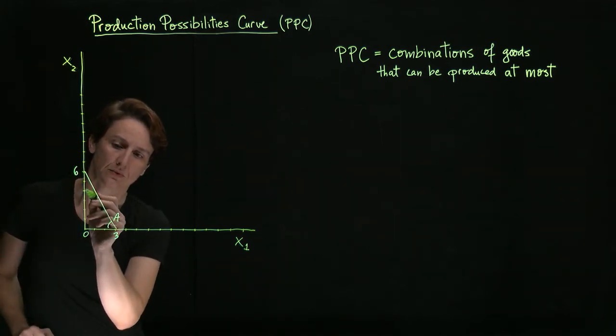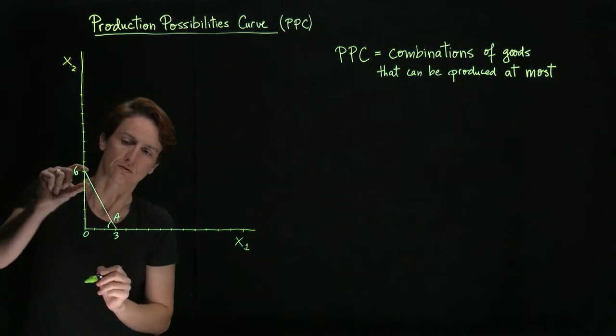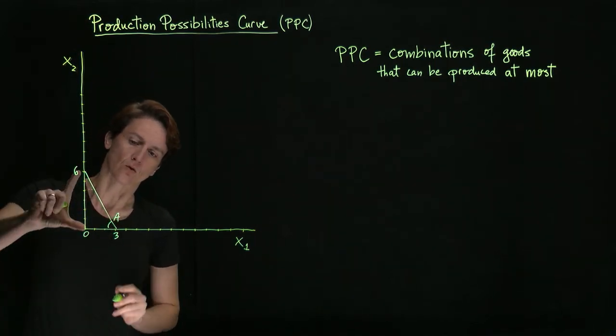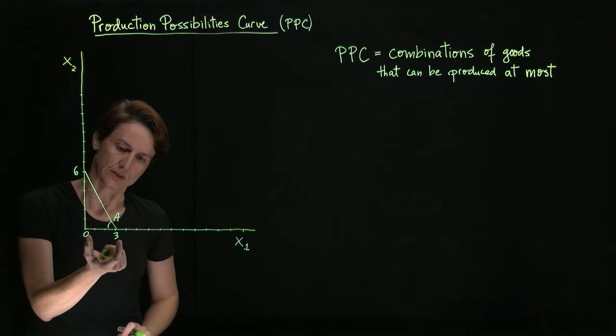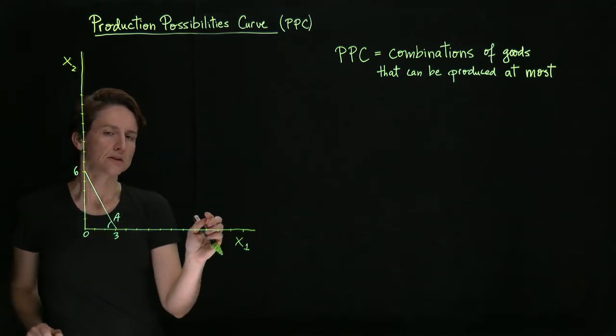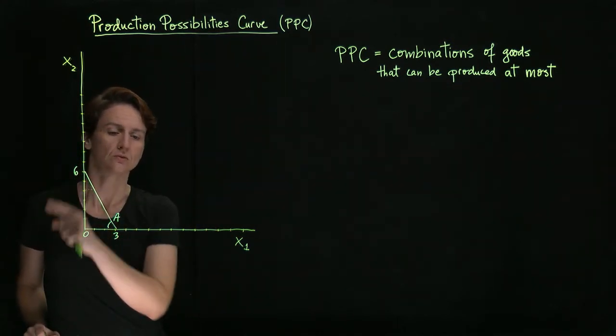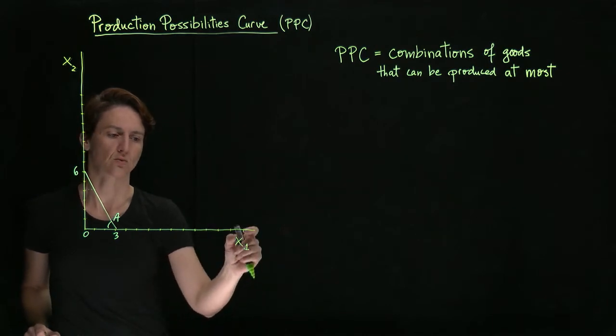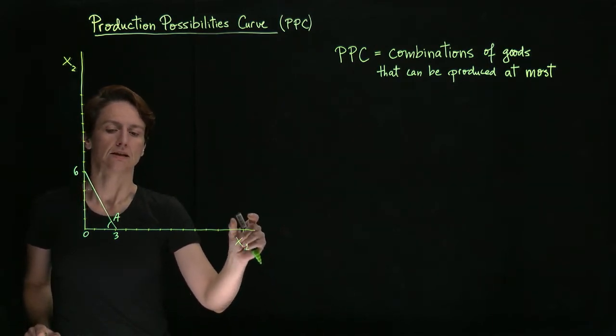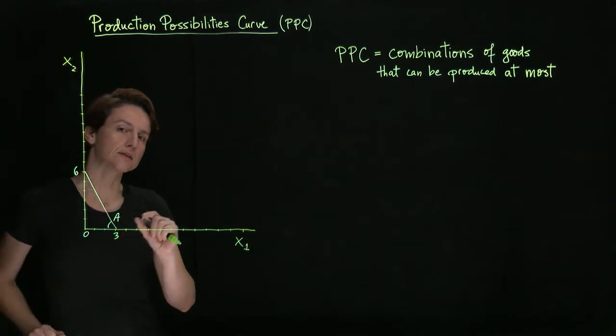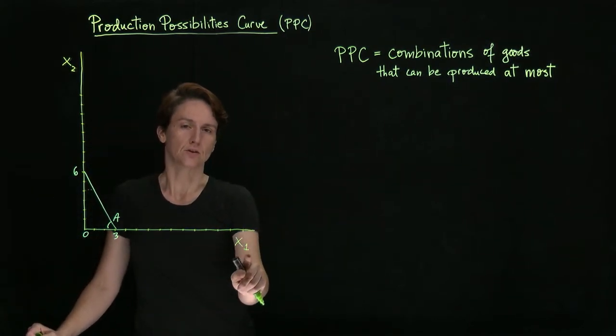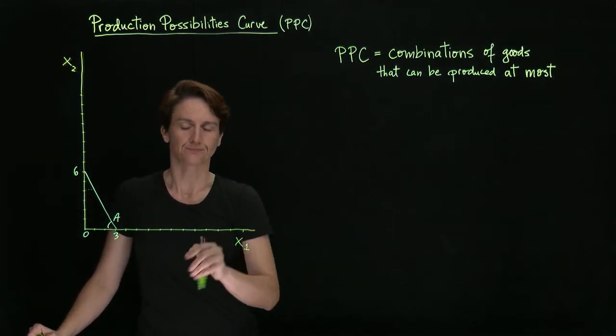So the slope, the rise over the run, is how many units of good 2 Abe has to give up in order to make 1 unit of good 1.